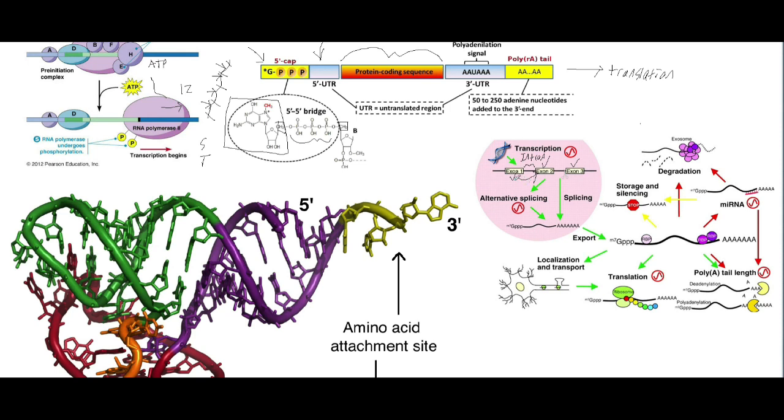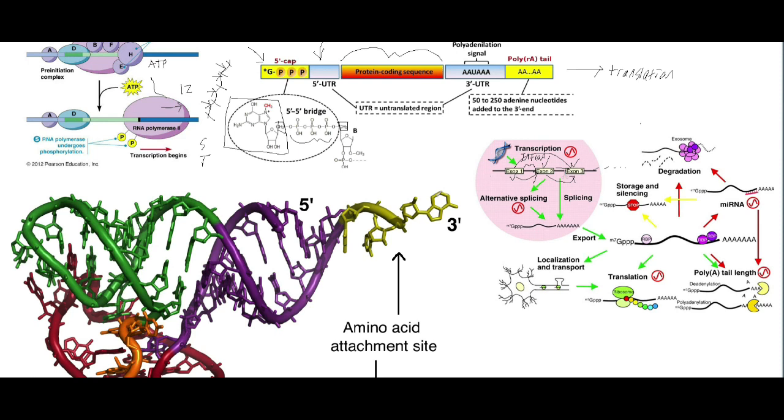You could transcribe just exon 1 and exon 2 to make an mRNA, or exon 1 and exon 3, skipping over exon 2, to make a different mRNA, or exon 2 to exon 3, and there can be many more exons going on down the gene.